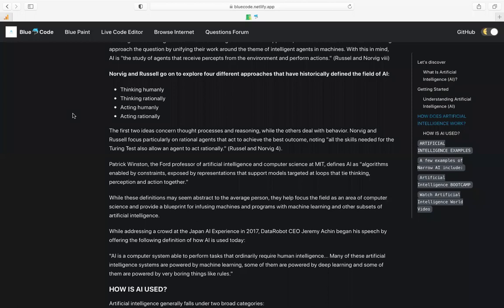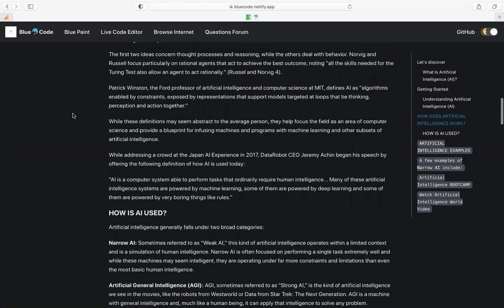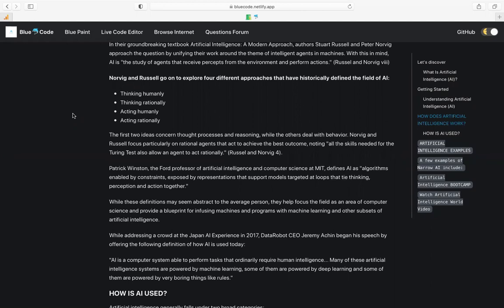Now let's take thinking humanly. What do we mean by thinking humanly? Thinking humanly here means you are giving the machine or the app the ability to think like a human.